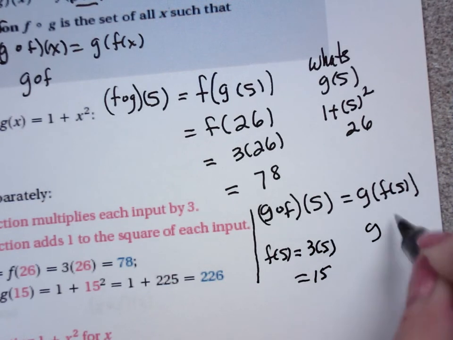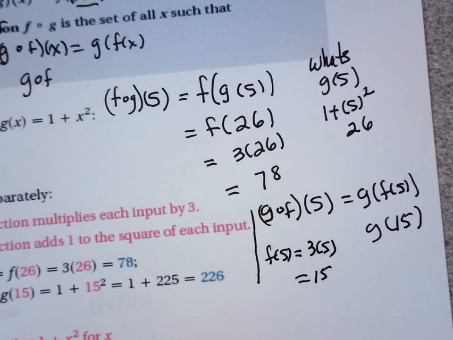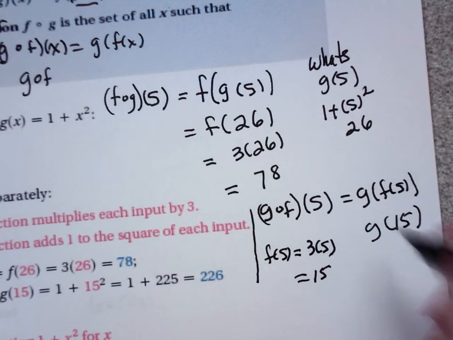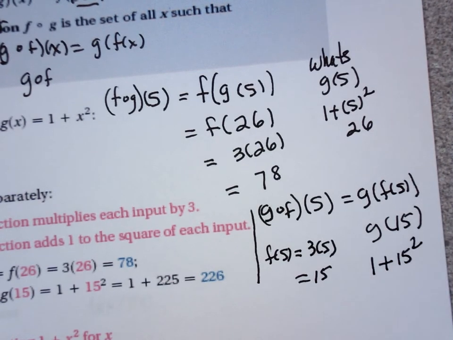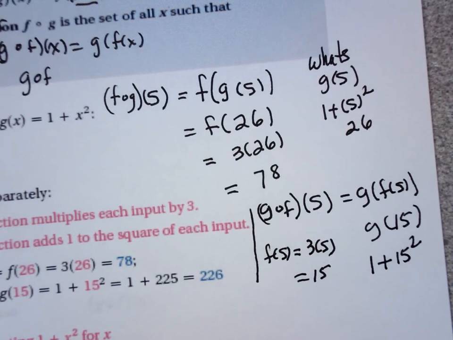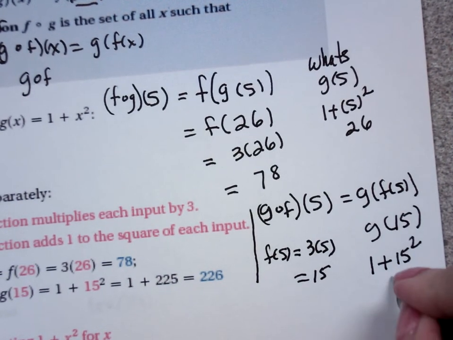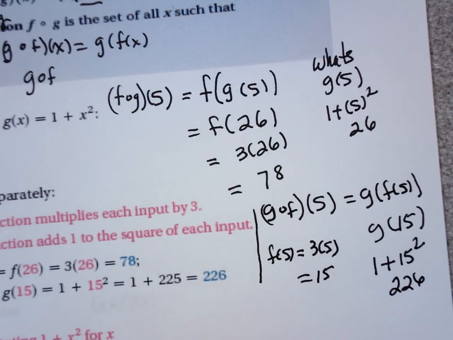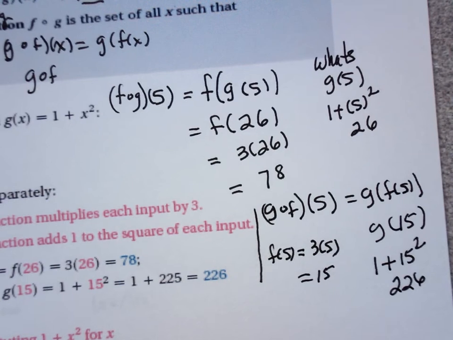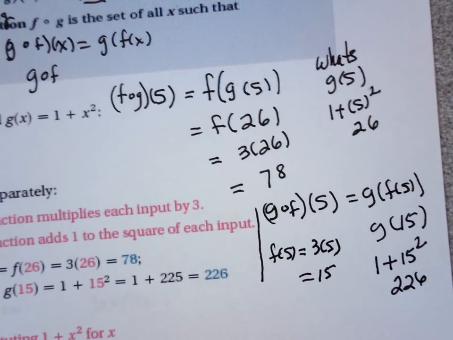So this is g of 15. What's g of 15? 1 plus 15 squared. And now I don't know what that is, oh, they've already calculated it out for me. I just have to look, it is 226. You just got to keep your eye on the prize.